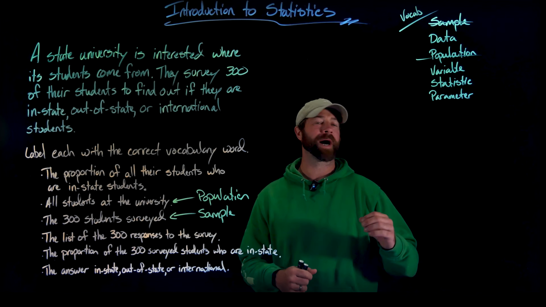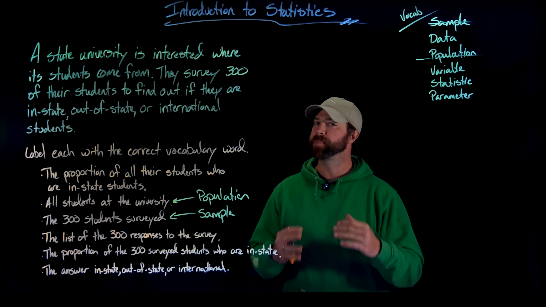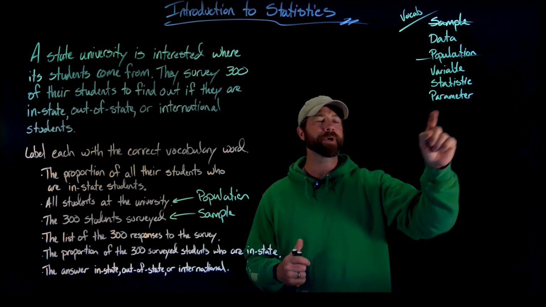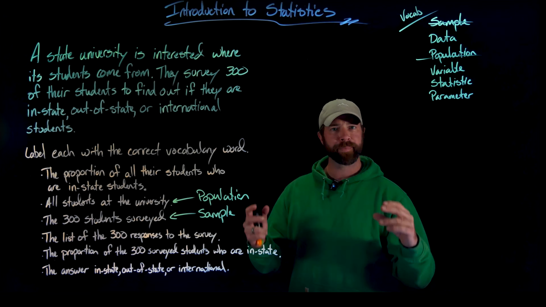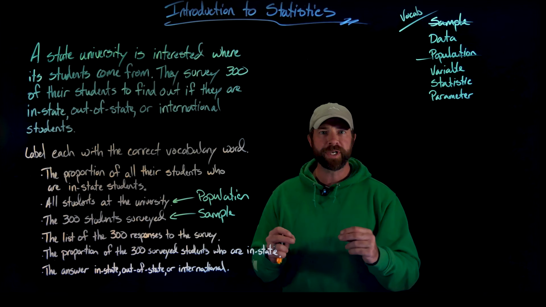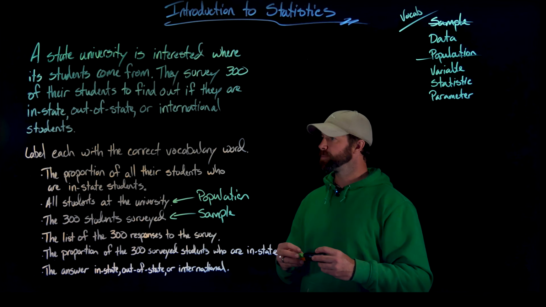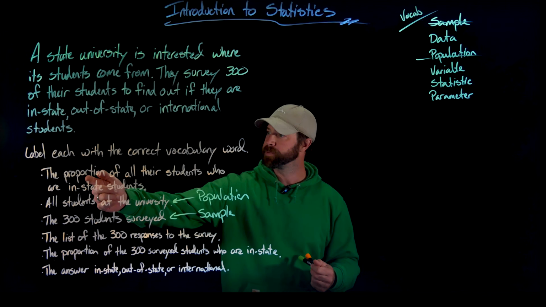All right, next up, I'm going to tackle the statistic and the parameter. These are both numerical summaries. The parameter is the numerical summary for the entire population. The statistic is the numerical summary for just the sample who was studied. In this case, our numerical summaries would be these statements actually that have these proportions.